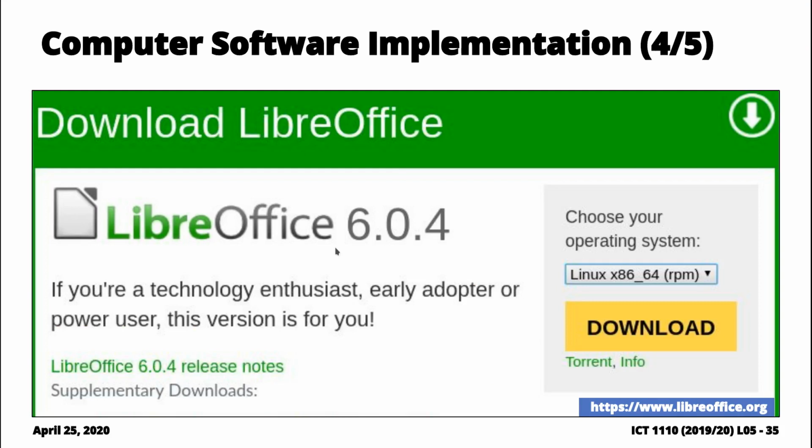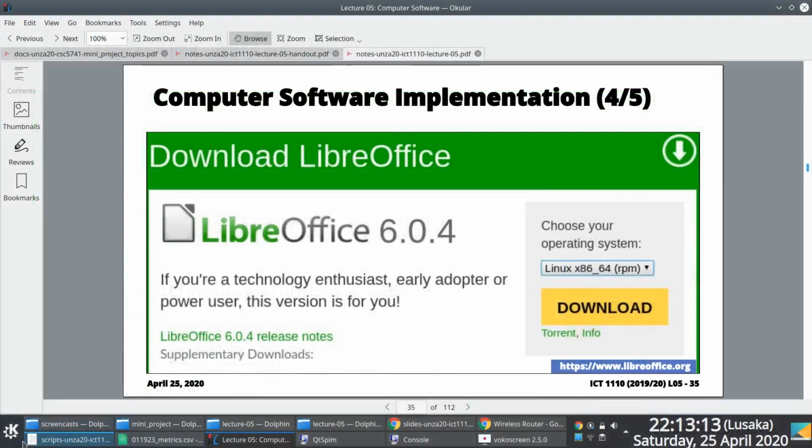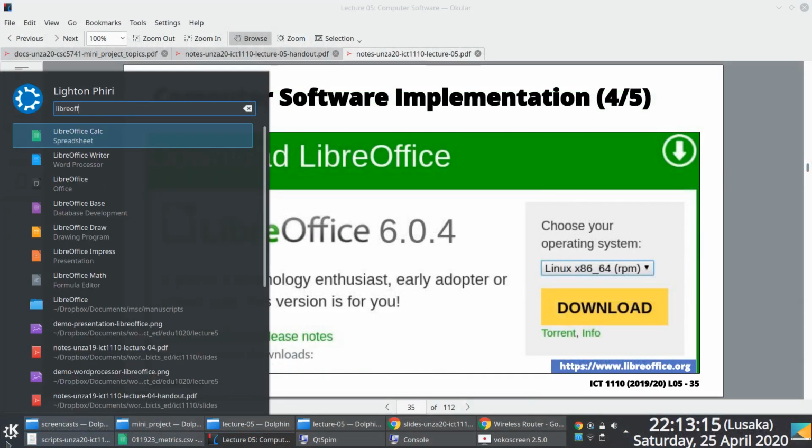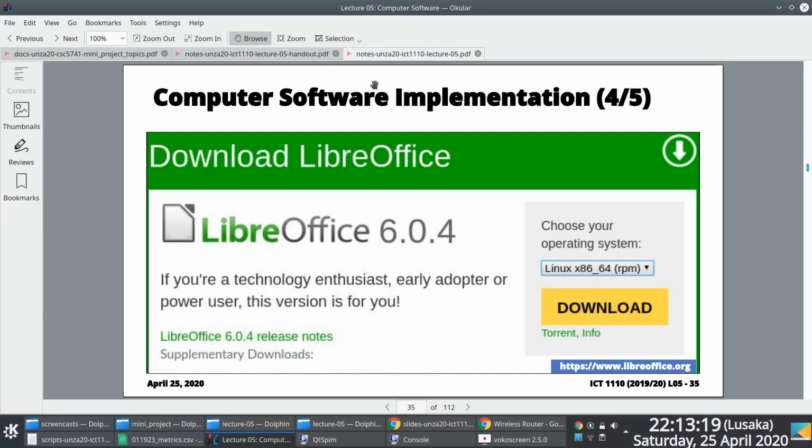There's a very popular, freely available and open source Office package called LibreOffice. I have it installed on my machine myself. There are a number of tools associated with that software package.